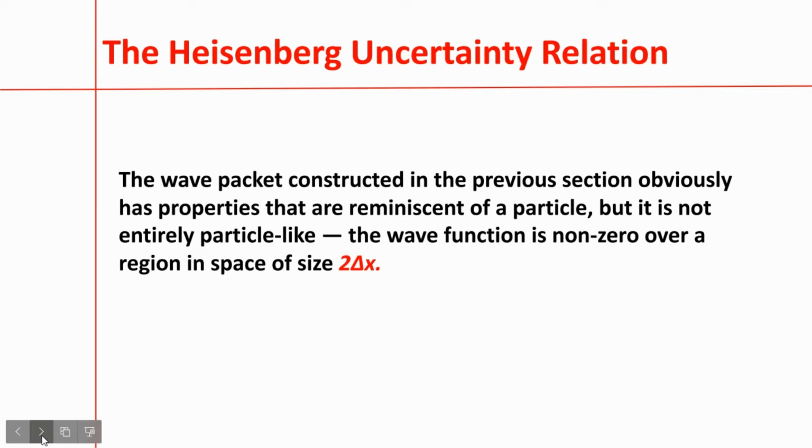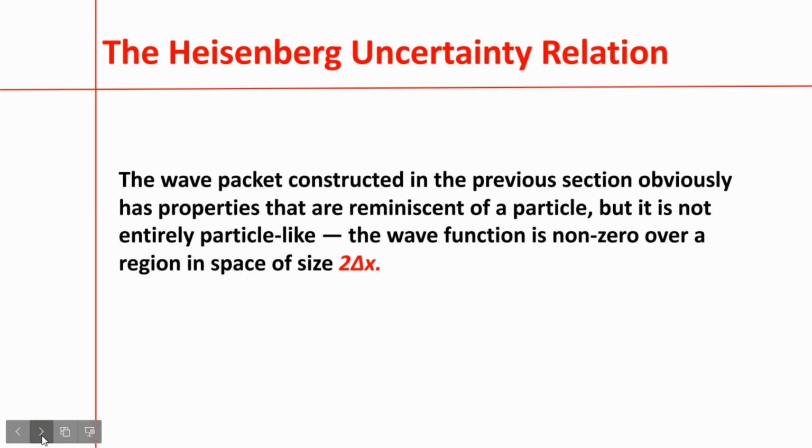More than that, however, we have seen that to construct this wave packet, harmonic waves having k values in the range k bar minus delta k, comma k bar plus delta k were added together.